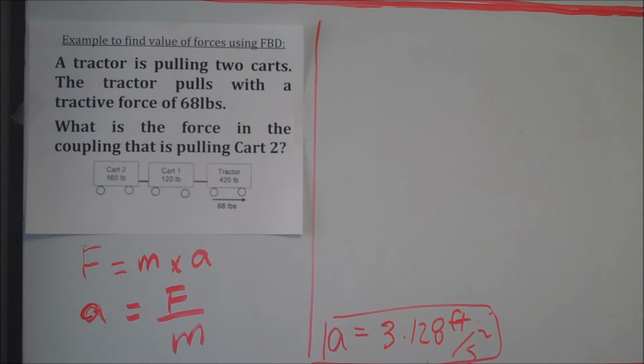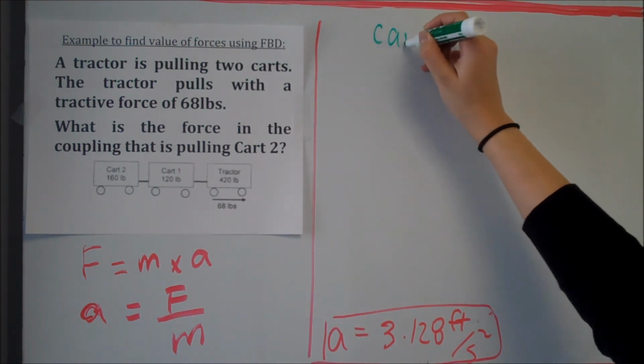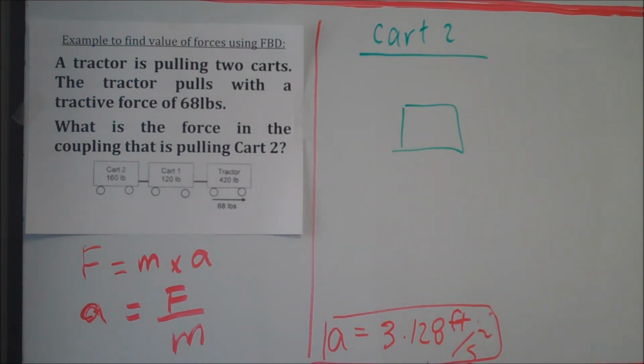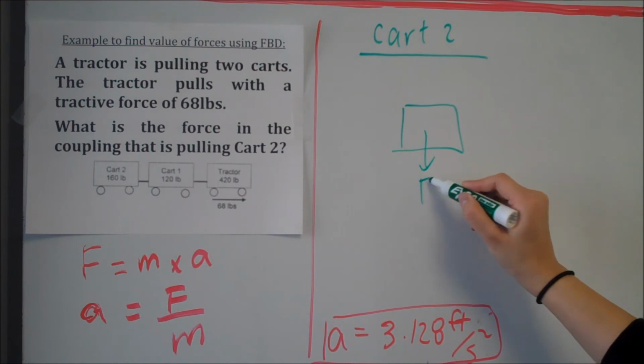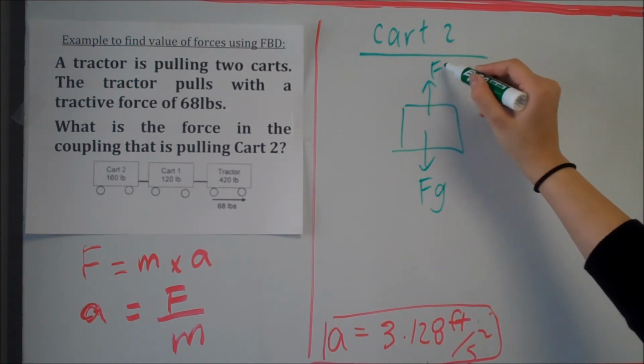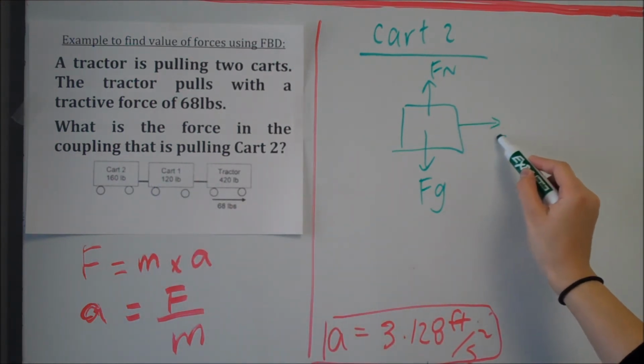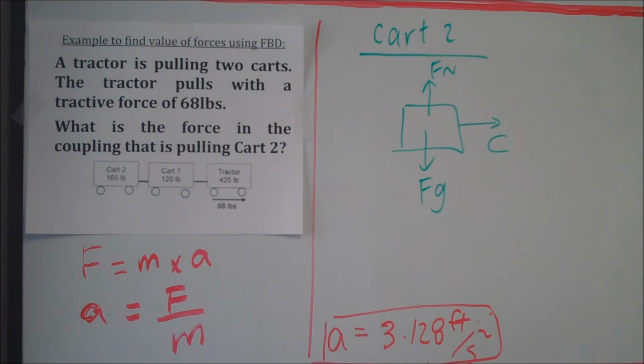After we use the whole system to find the total acceleration, we can use this acceleration to find the coupling force in just cart 2. So now we're just focusing on cart 2. Again, we're using a box to represent cart 2. It's experiencing some gravitational force and some normal force. We know that there's a coupling force that's pulling this way, and this is the force that we need to find. Using this relationship, force equals mass times acceleration, we can apply it here.